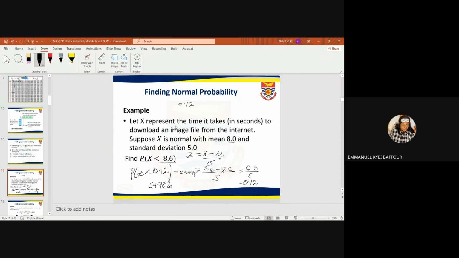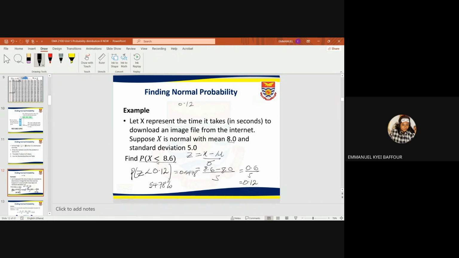So we say that, let's represent the time it takes to download an image file from the internet. Suppose it's this. So it means that about 54.8% of the time it takes less than 8.6 items in terms of seconds. So that is the interpretation.